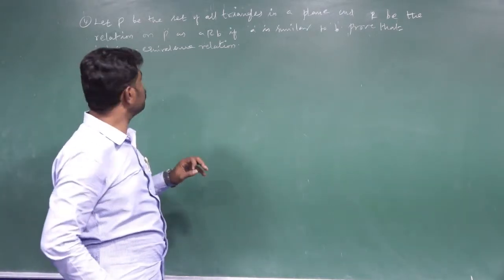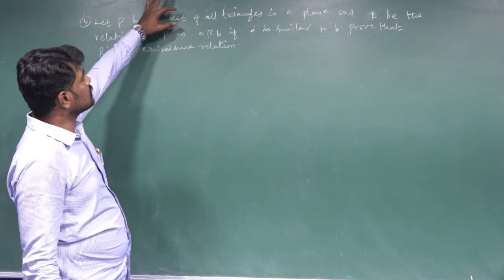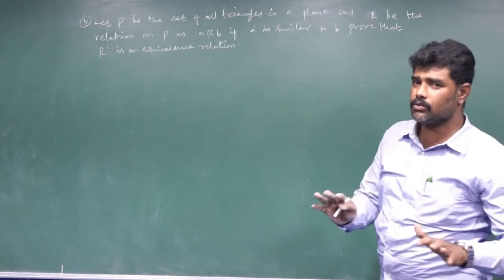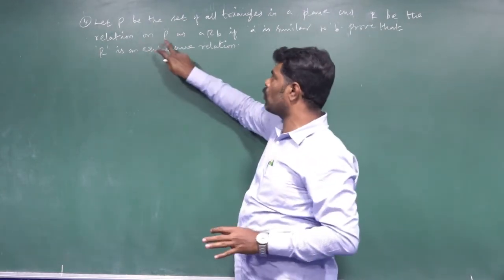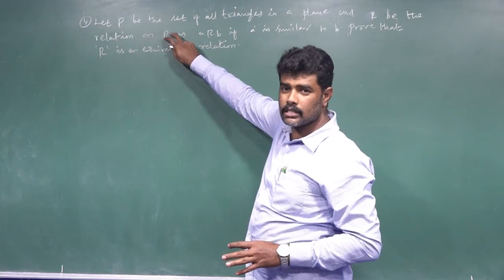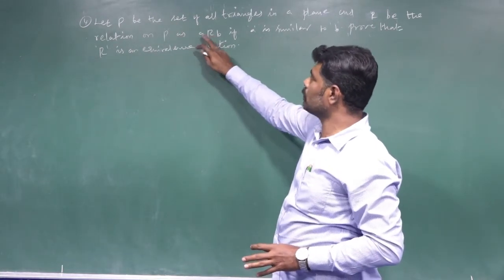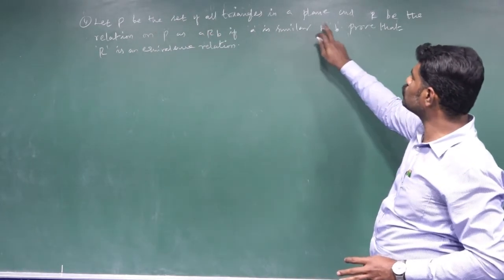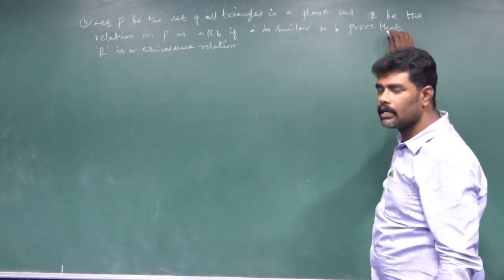Next, the fourth question. Here the question is, let P be the set of all triangles. P is a set which consists of all triangles only, in a plane, and R is a relation on P, where A related to B means A is similar to B. Prove that relation R is an equivalence relation.